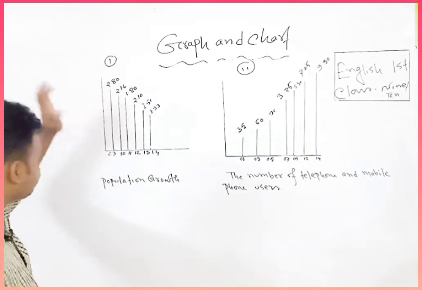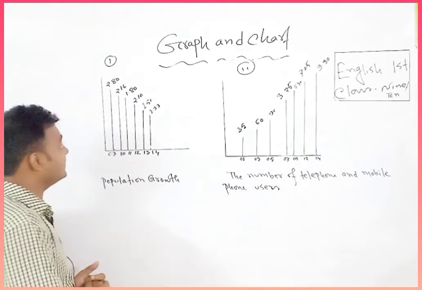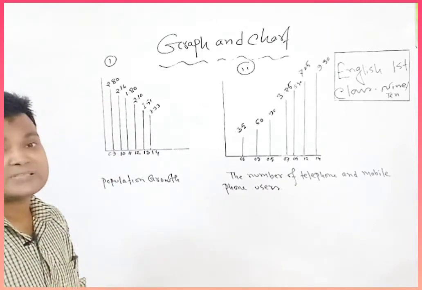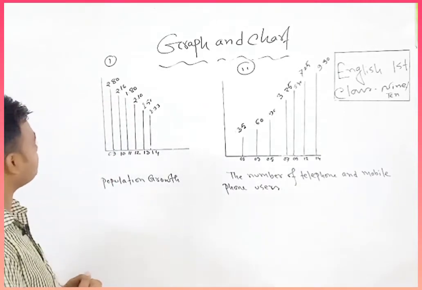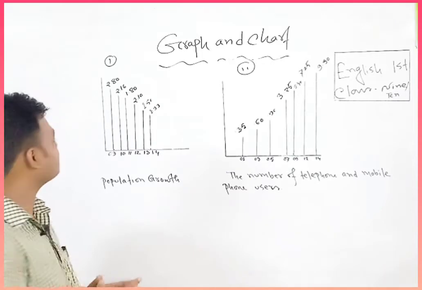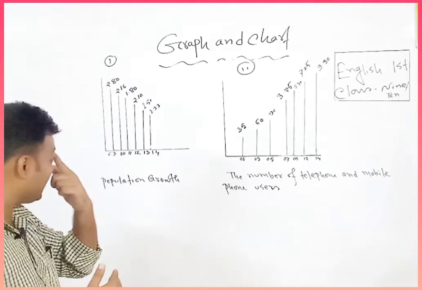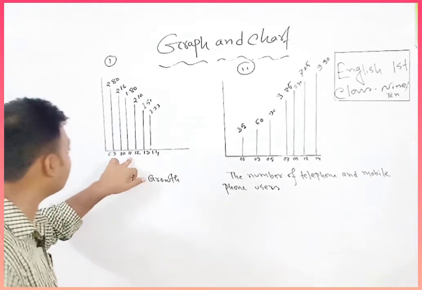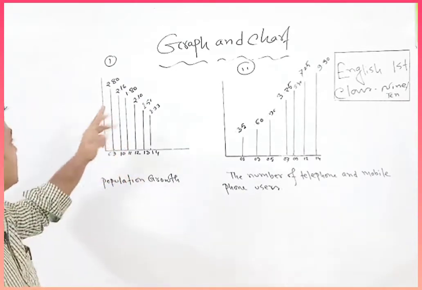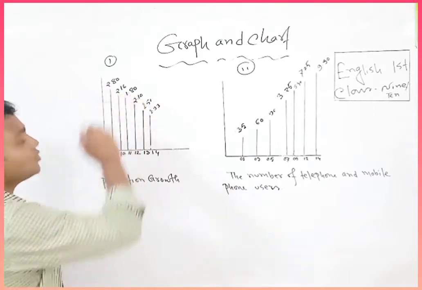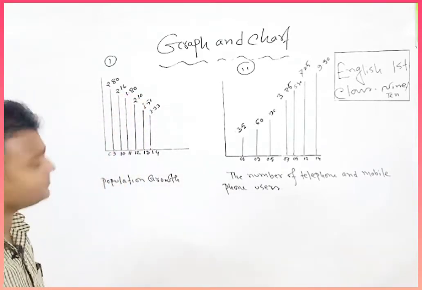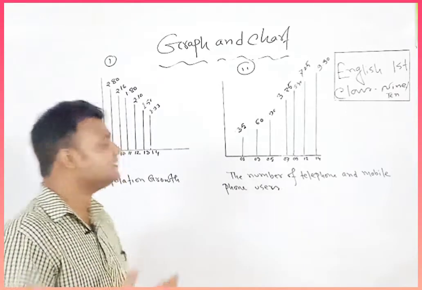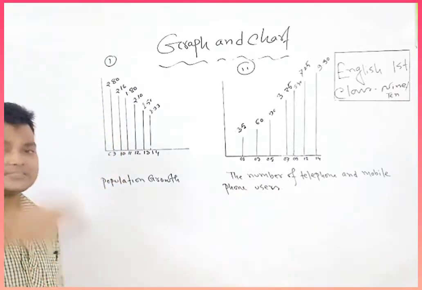Next year, 2010, the rate was 2.16. That means this rate is decreasing. In 2011, the population growth rate was 1.80. Again we can say that it was decreasing.